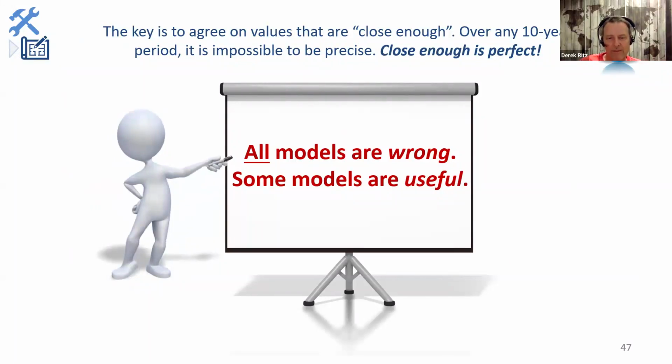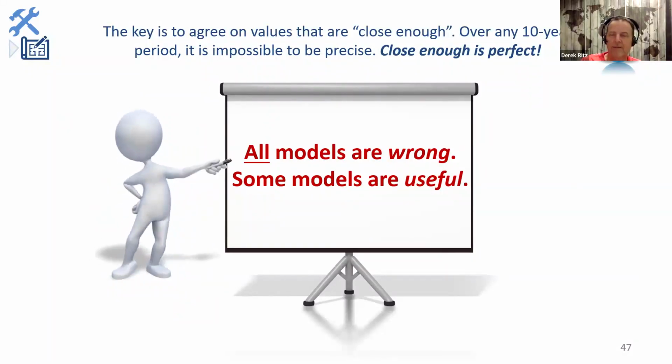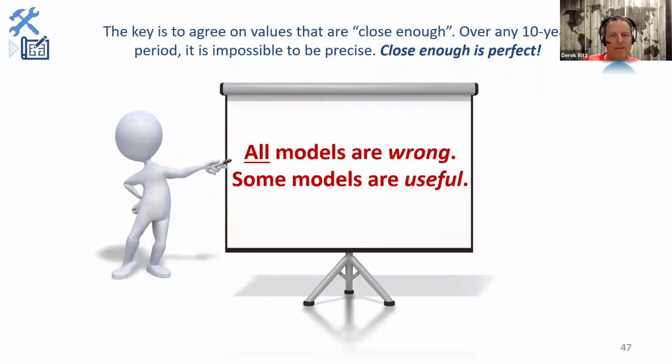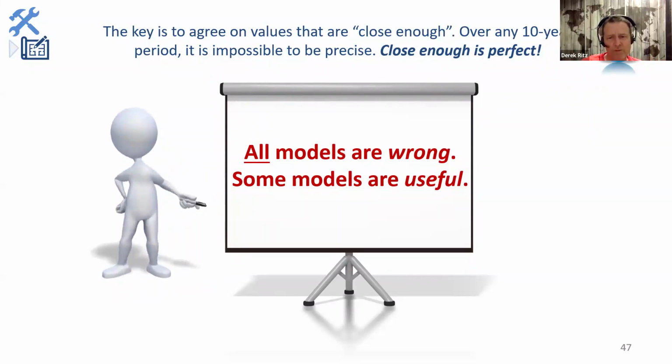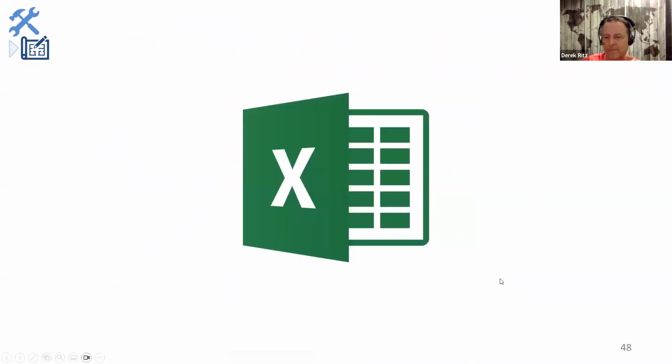You don't have to be precise. You have to be not wrong. So close enough is perfect. And let's all agree, all models are wrong, but some models are useful. And the purpose of this 10-year investment case is to be useful, to show whether this is going to work and it's going to be worth it.